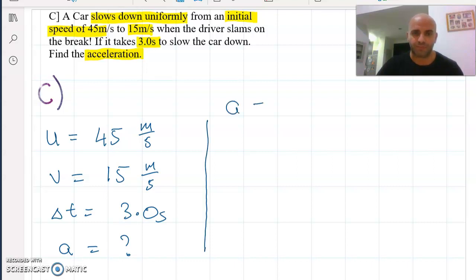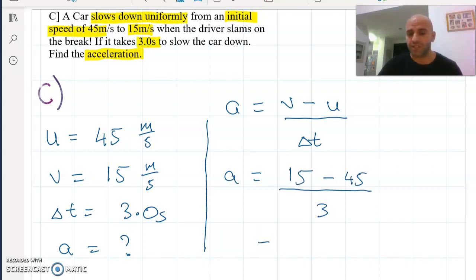So, with that, once we have our list made, we're entitled to go ahead and take our formula. So our formula for acceleration is the final velocity minus the initial velocity, u, divided by the change in time through which the car was accelerating. So we plug in our numbers.